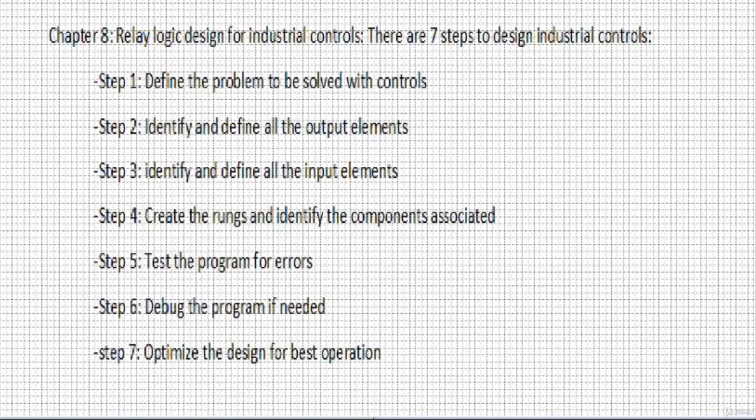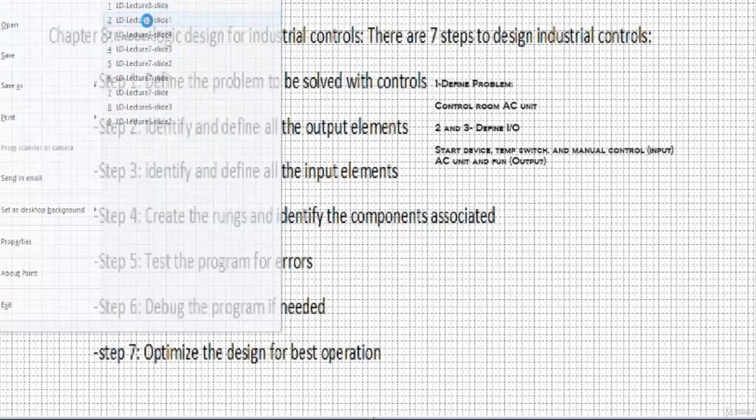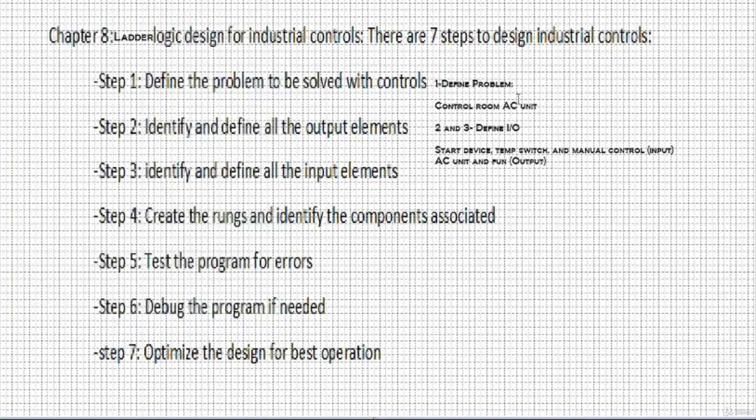So here's an example. I'm going to dig into the actual program, but let me give you an example first. Here I have defined a problem: the problem is to control a room AC unit, so how are we going to control that AC unit in that room. That is step number one. Then for steps two and three, we define what kind of IOs are needed, and I have listed them here.